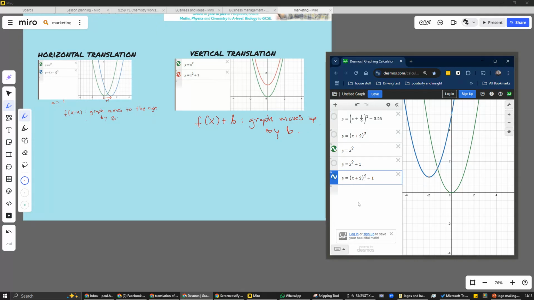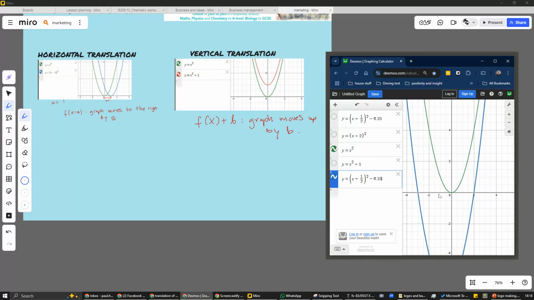Or, and this is how it links finally to completing the square, plus a half, and then rather than plus we have minus, so it goes down rather than up, and then rather than 1 we do 6.25.